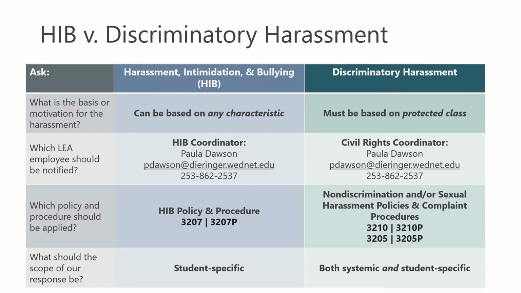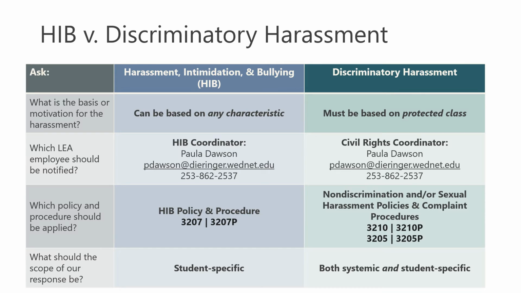Because there is often overlap between incidents of HIB and discriminatory harassment, it is important to be able to tell the difference between the two, especially if you are someone who has a role in your school's HIB process. The biggest difference between the two is the basis or motivation behind the conduct.